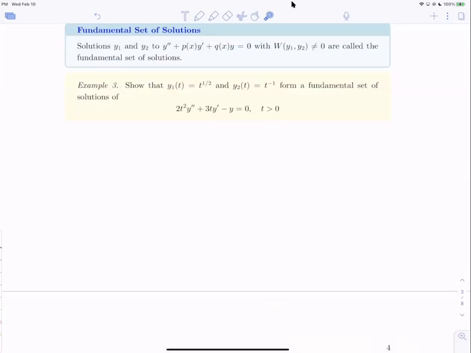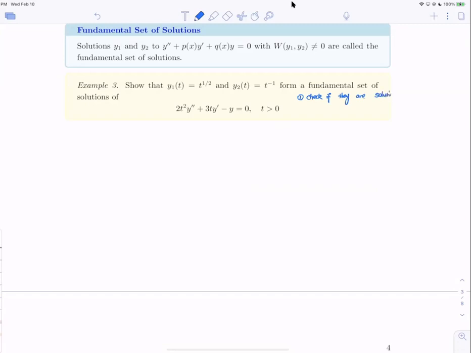Before you start, I want to emphasize something because last semester when I graded assignments, a lot of people lost marks for this. Whenever they ask you to show this is a fundamental set of solutions, you need to first check if they are solutions. Because they need to be solutions first in order to be a fundamental set of solutions.